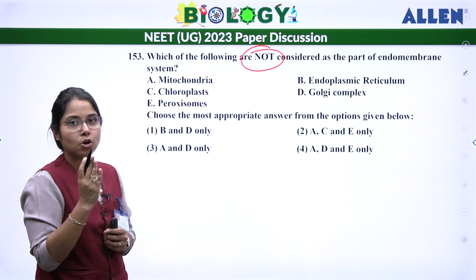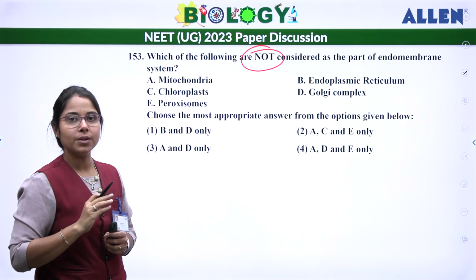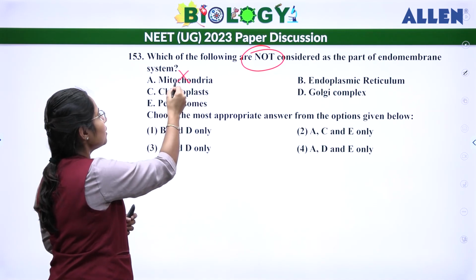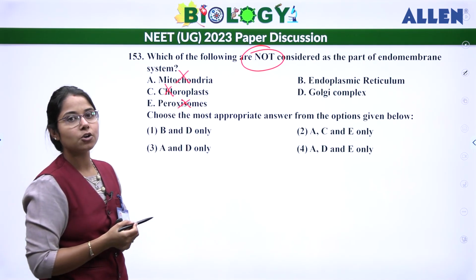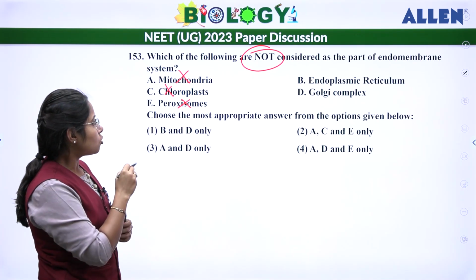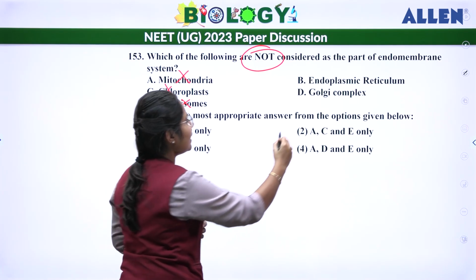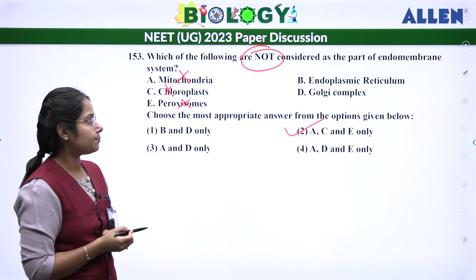Endomembrane system has 4 cell organelles: lysosomes, endoplasmic reticulum, Golgi apparatus, as well as the vacuole. So mitochondria, chloroplast, peroxisomes are not part of the endomembrane system. So the most appropriate answer will be A, C and E. They are not part of the endomembrane system.